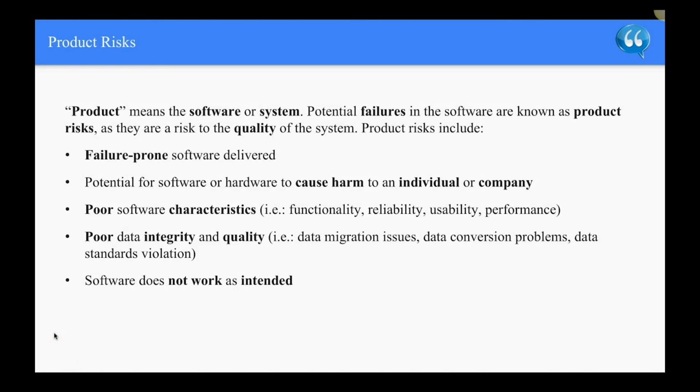Product risks. Product means the software or system. Potential failures in this software are known as product risks, as they are a risk to the quality of the system. Product risks include failure-prone software delivered, potential for software or hardware to cause harm to an individual or a company, poor software characteristics, like functionality, reliability, usability, or performance, and poor data integrity and quality.